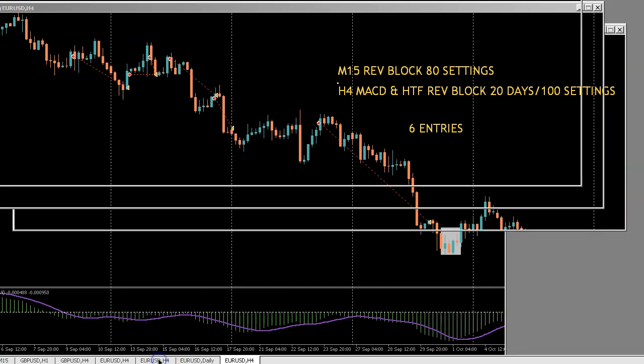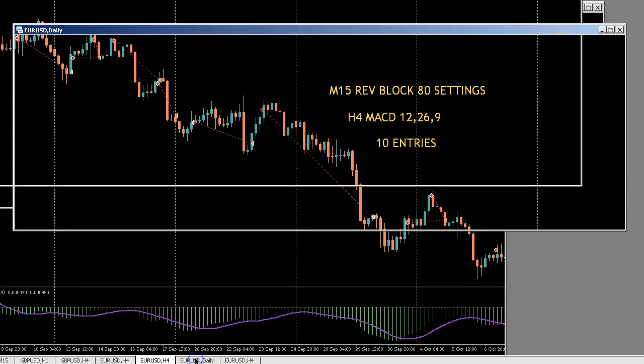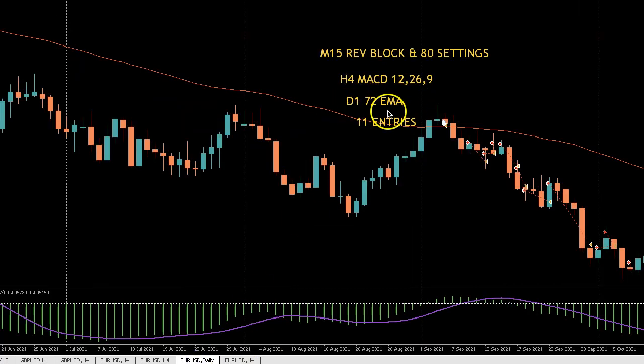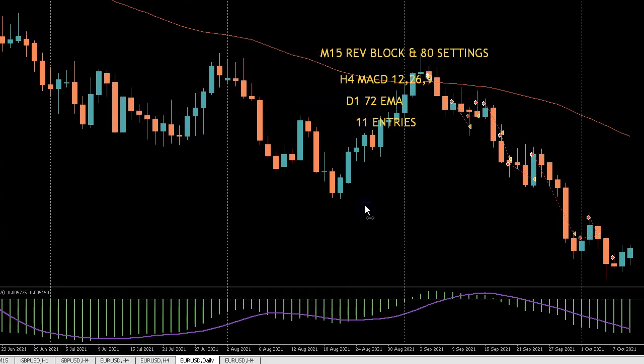Like over here on our first example, we got 10 entries where we know some of them were not really the best entries. And then here, using the daily exponential moving average, we got 11 entries, so more or less the same as the previous example.